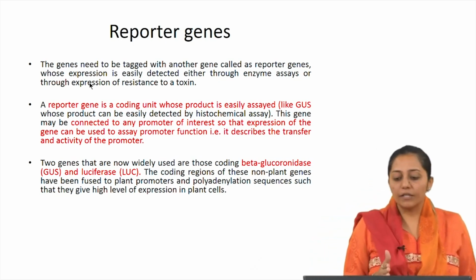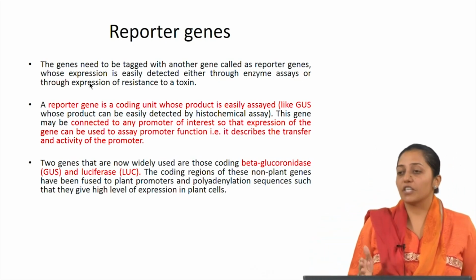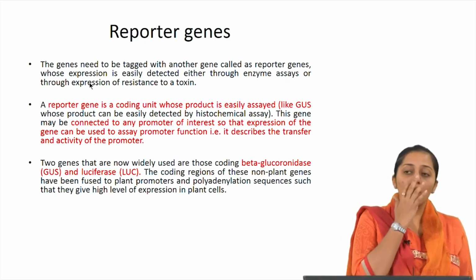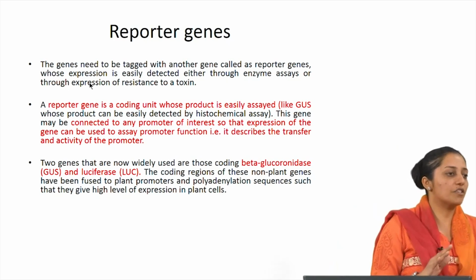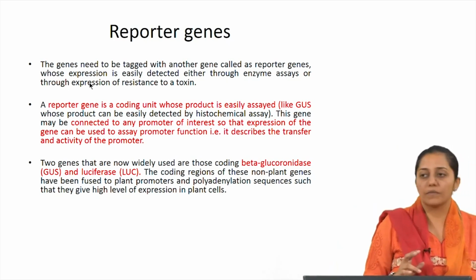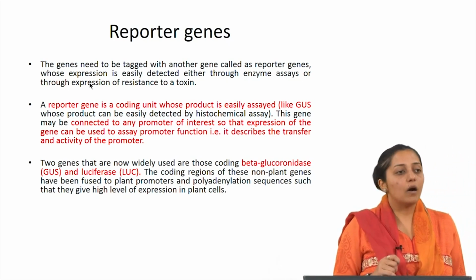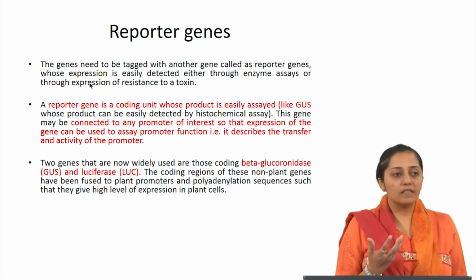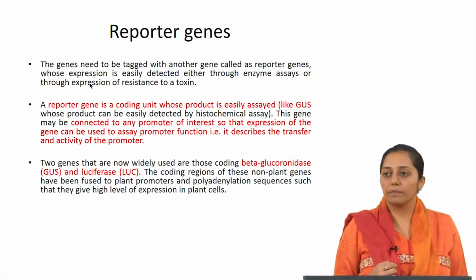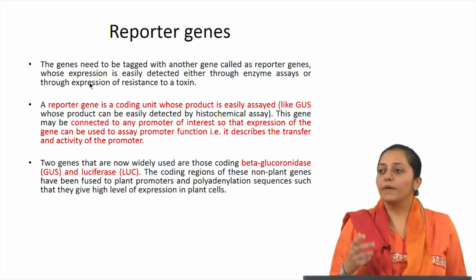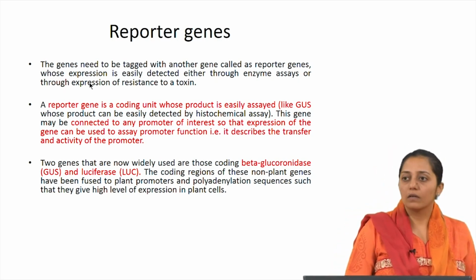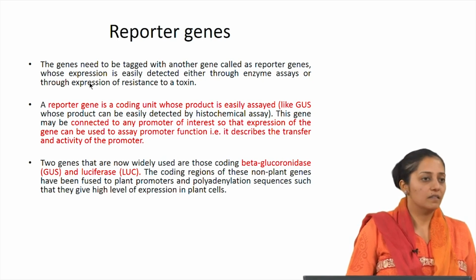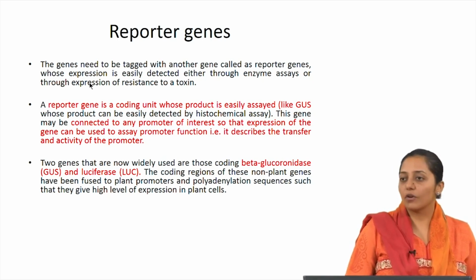Now the genes need to be tagged with other genes, which are called reporter genes. I was saying that you can confirm whether it is a successful transformation or not using reporter systems. What else can be the use of a reporter system? It can also be used to check whether the promoter is active or not.